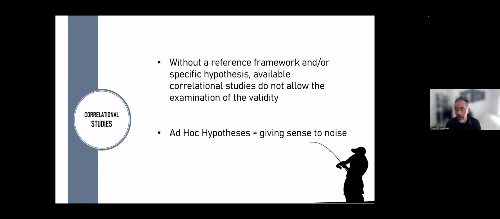And the problem we have in sports science is that this speculation is what you find in the last section of practical recommendations. So we recommend to do this, this, and that based on studies that are supposed to be exploratory, associational, descriptive. And this is the problem we had with training load and injury.